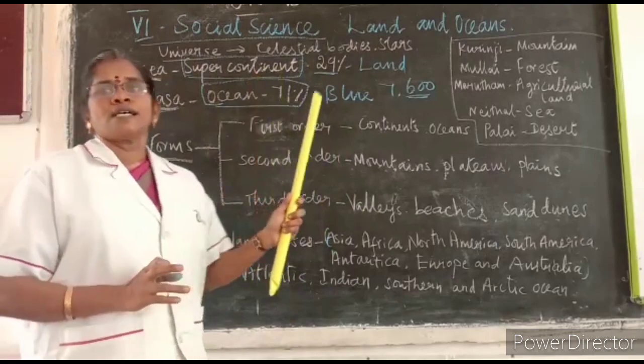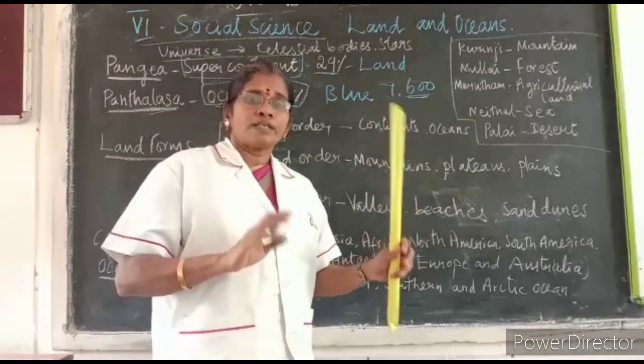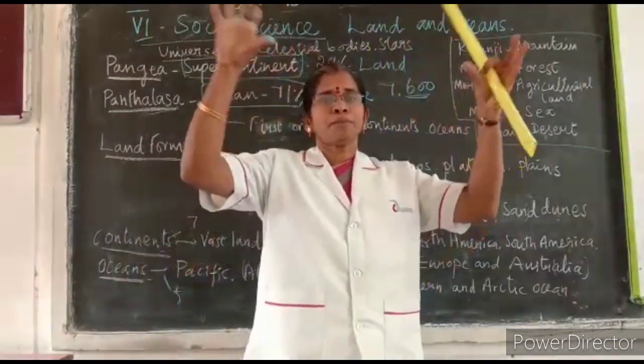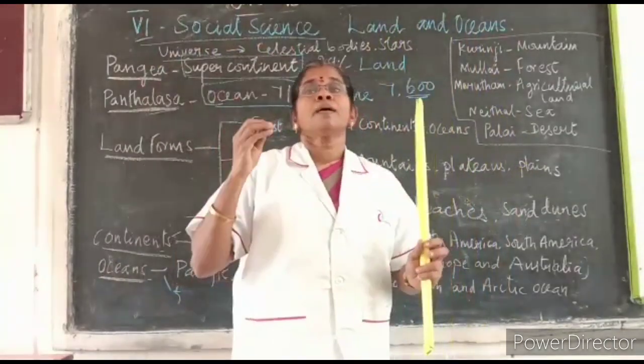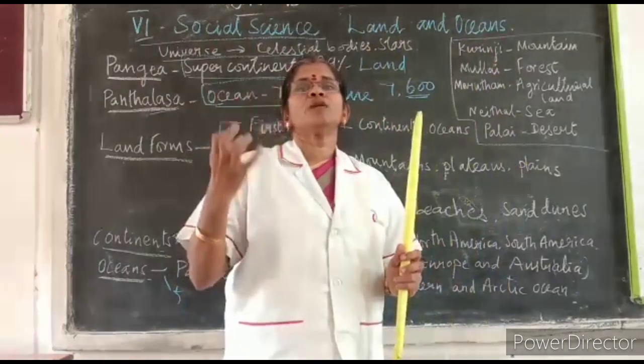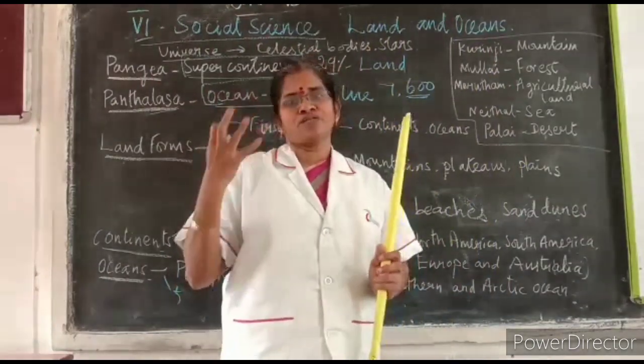The percentage is 71%. Then after that, how did all the continents and oceans come to be placed?